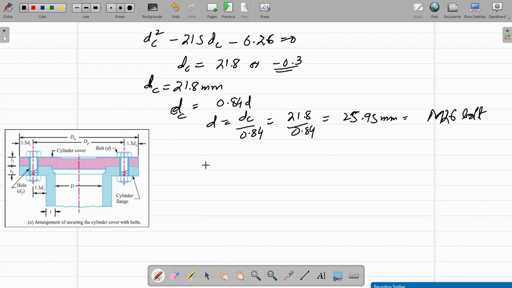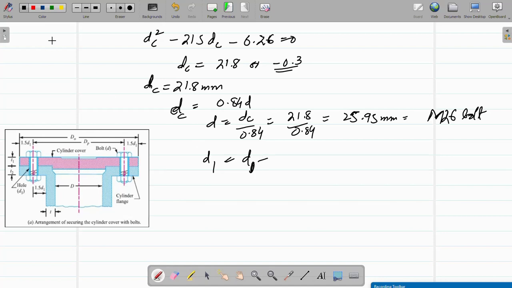So D1 is the diameter of the hole. Generally, for holes in which threads are not provided, we provide a slightly larger hole, and as per standards this hole must be at least 1 mm larger than the size.